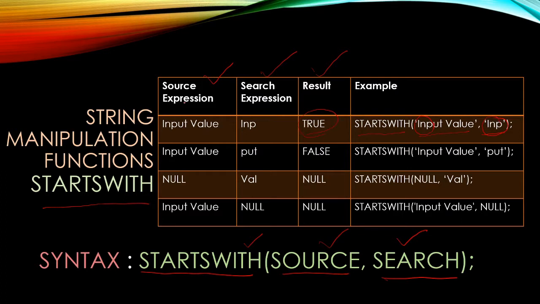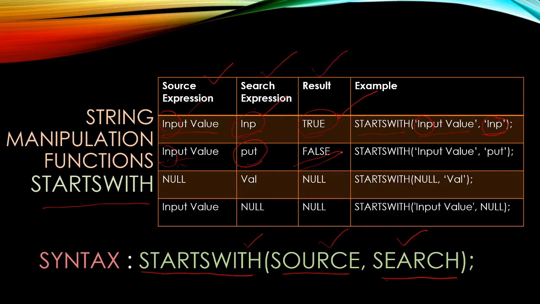Here you can see the input source expression is input value and the search expression is INP. That's why, as the source expression starts with the search expression, the result value is true. And if the source expression does not start with the search expression, then the result is false.